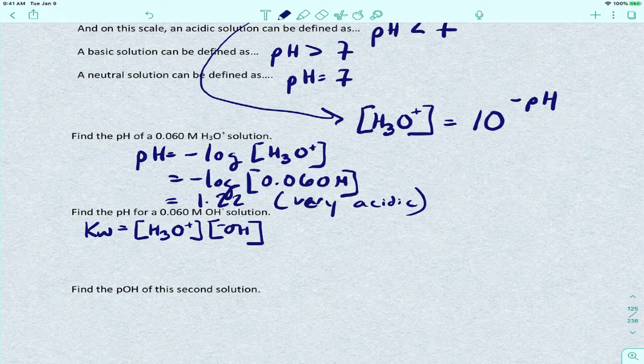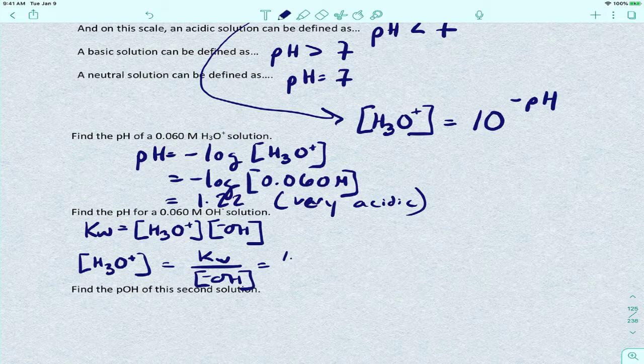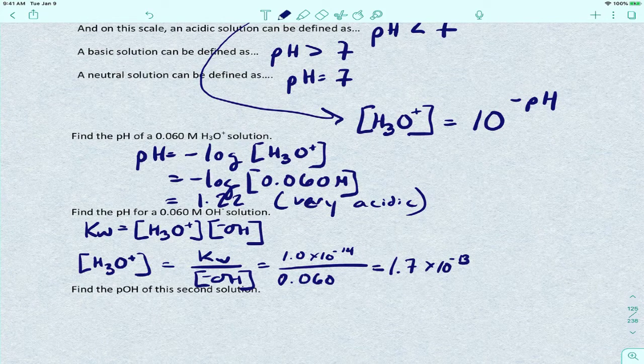We're going to divide both sides by OH minus so that we get H3O plus by itself. So the concentration of H3O plus is equal to Kw divided by OH minus, or 1.0 times 10 to the minus 14th divided by the concentration of OH minus, which is 0.060. So that concentration of H3O plus should be 1.7 times 10 to the minus 13th.